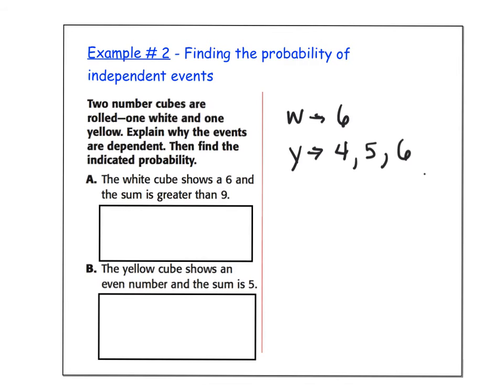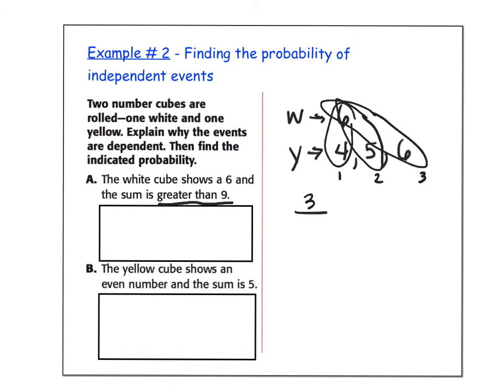So how many different cases are there? Case 1 would be 6 and 4, case 2 would be 6 and 5, case 3 would be 6 and 6. So that's three scenarios that would make it greater than 9, so there are only 3 possibilities.